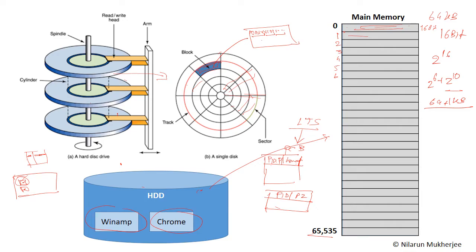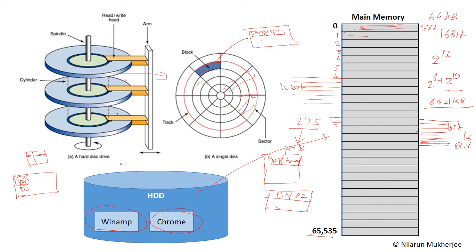And using a multiplexer-demultiplexer kind of thing, memory has a data bus, which will also be 16-bit, and an address bus, which will also be 16-bit.